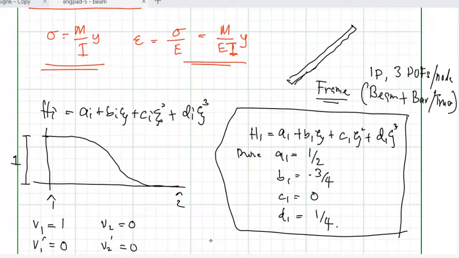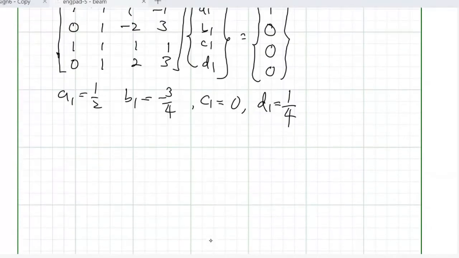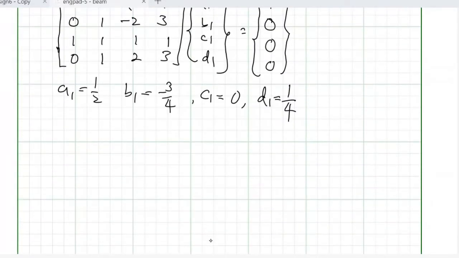Okay, so frame, a one dimensional element with 3 degrees of freedom per node. So note that it's a combination of beam and bar element. 1 degree of freedom will come from the bar.